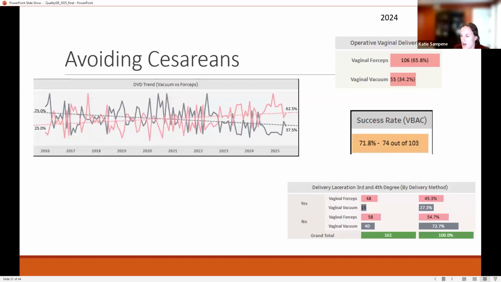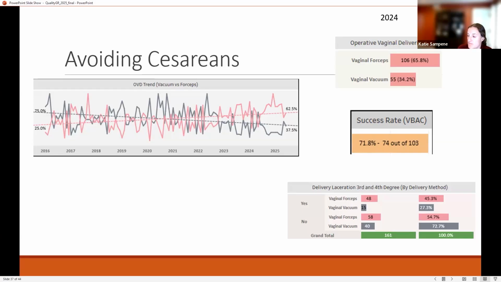My guess, provider hiring preferences most likely is what drives that, but also tells me that we are offering our trainees opportunities that not all institutions are able to offer. 2024 data, forceps around 100, vacuums about half that in 2024.